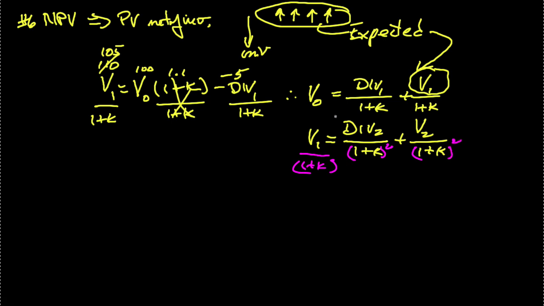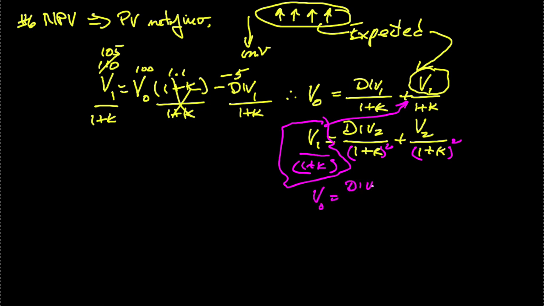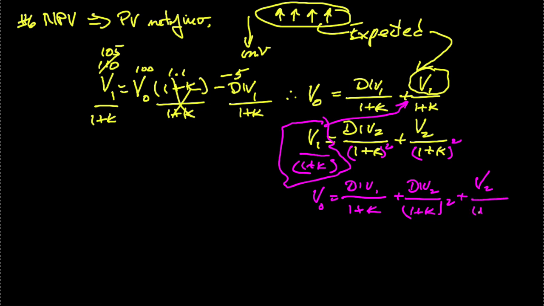And so now if I substitute this into this whole term here, then what I get is, I'll just write here, V0 is the first dividend over 1 plus k, plus the second dividend over 1 plus k squared, plus the expected value at the end of period 2 over 1 plus k squared.